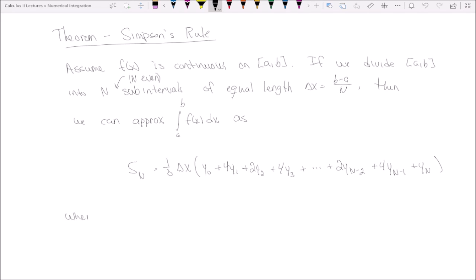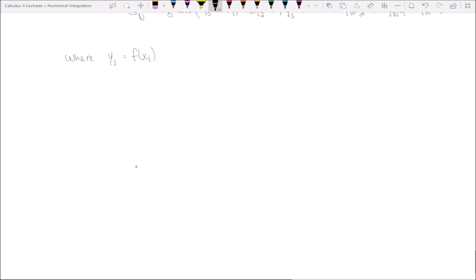And again, y sub i is f of x sub i. And as our example for Simpson's rule, you guessed it, we'll use the same integral.